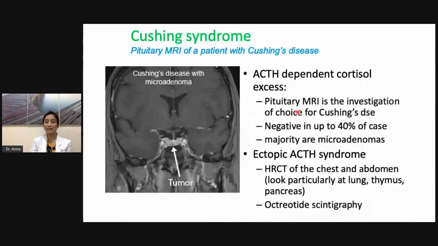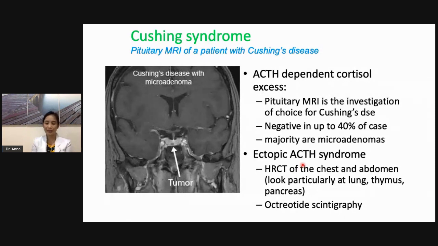It can even be negative in up to 40%, especially if the tumors are very, very tiny. Majority are microadenomas. If it's an ectopic ACTH syndrome, we do a high-resolution CT of the chest and abdomen, looking particularly at the lung, thymus, and pancreas, because those are the usual sources of your carcinoid tumors.